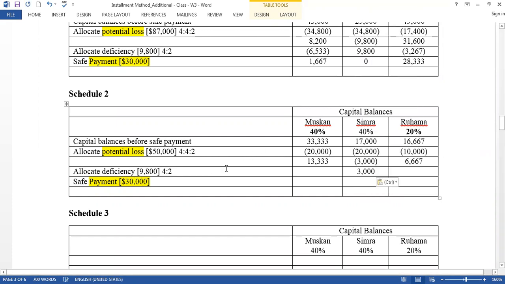So this $3,000 is the capital deficiency. It is going to be allocated to Muskan and Ruhama based on 4:2. So Muskan is going to absorb 2,000 and Ruhama is going to absorb 1,000.